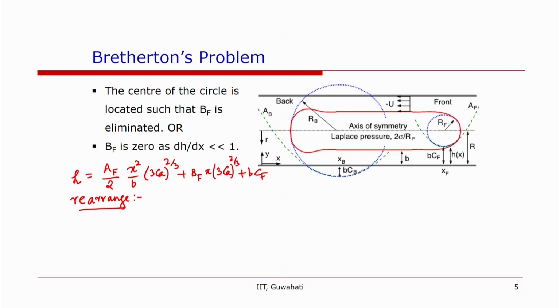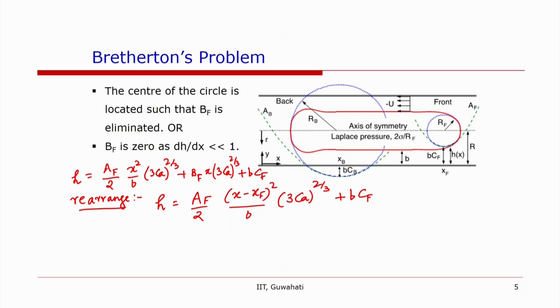that we have H is equal to Af by 2 (x minus xf) squared over b (3Ca) raised to the power 2 by 3 plus bcf.